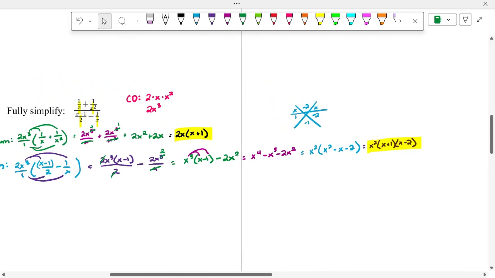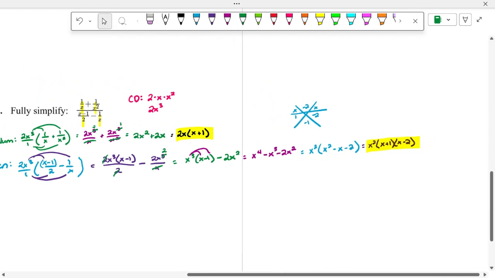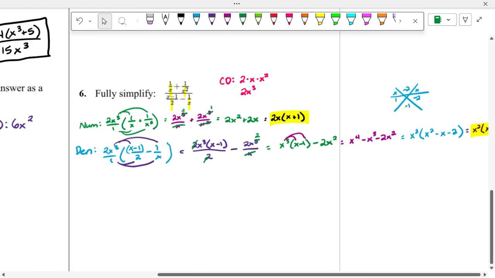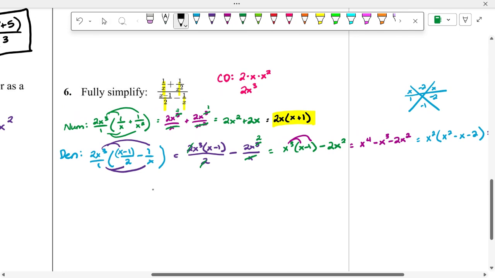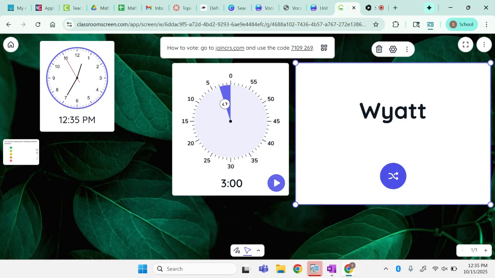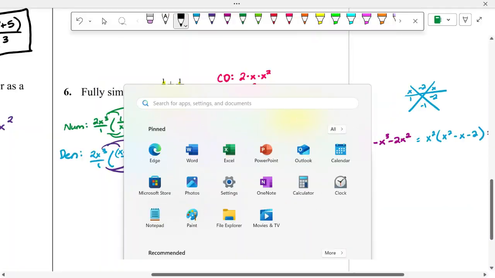Now, our last step is to write our numerator and denominator back into our fraction and simplify. So, I have 2x times x plus 1 over x squared times x plus 1 times x minus 2. So, what can I cross out, Tyreek?